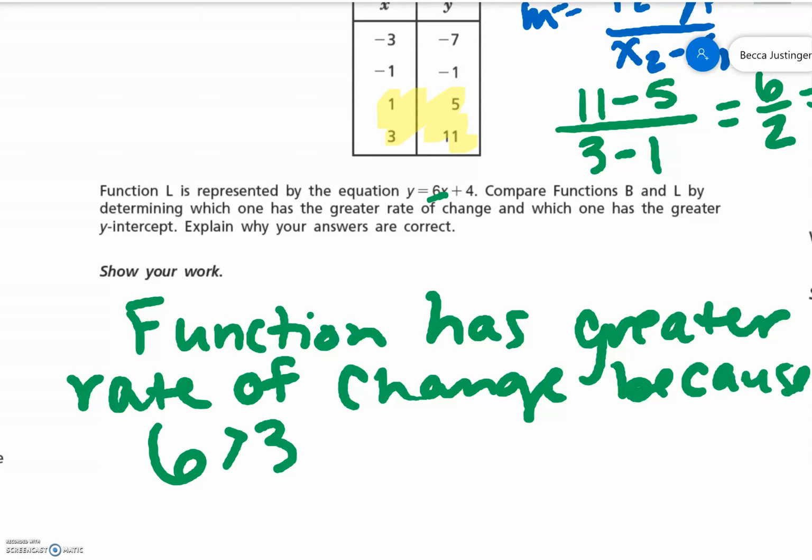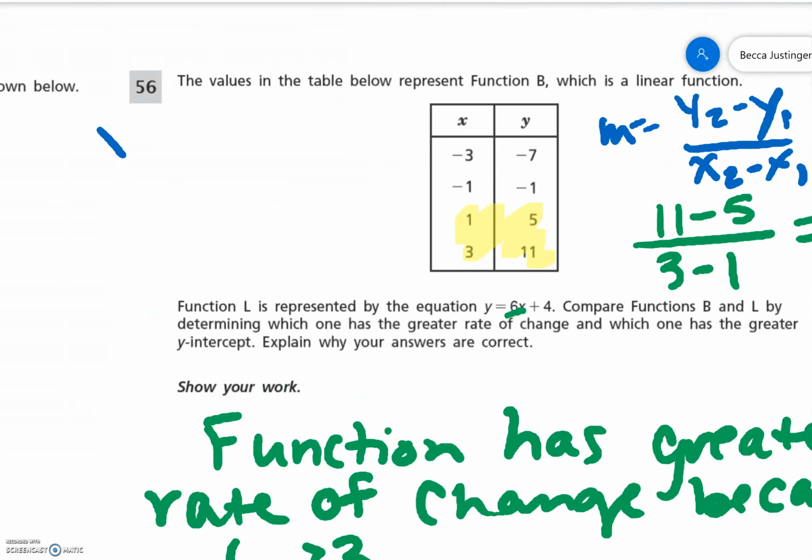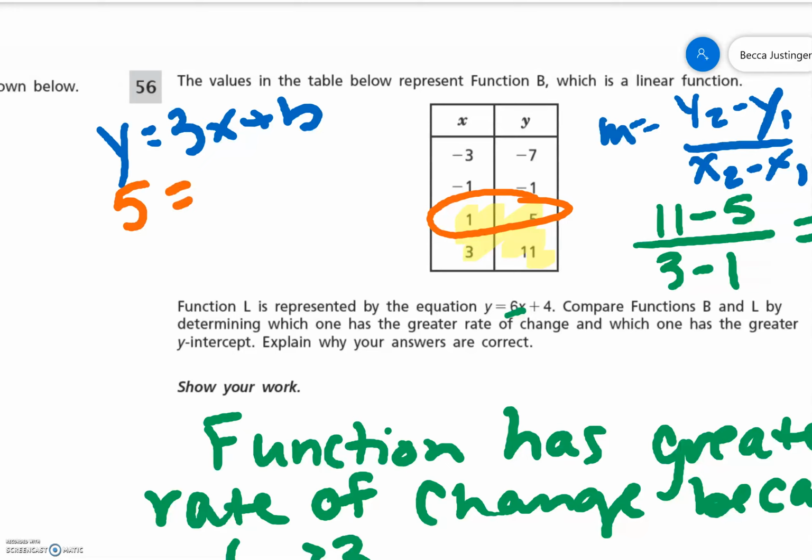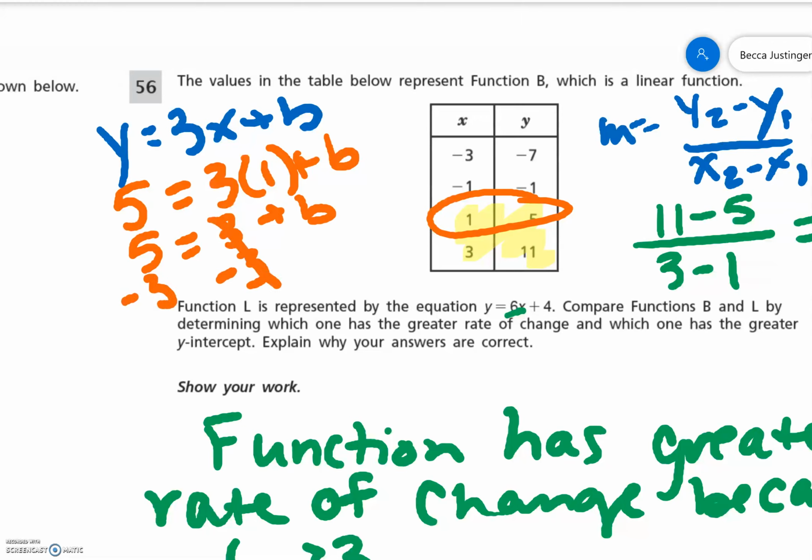Okay, now we need to find the y-intercept. So for this linear equation, we know that y equals 3x plus b, but we don't know what b is. So we can plug in a point, put in 5 for y equals 3 times 1 for x plus b. 5 equals 3 plus b, solve for b, so subtract 3 from both sides.